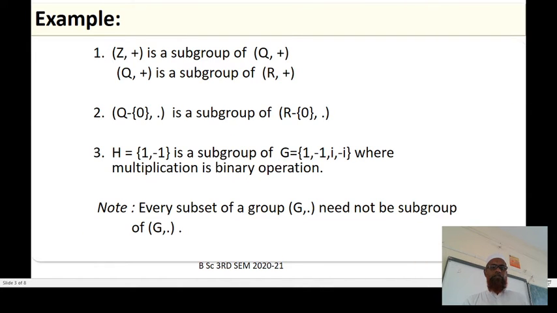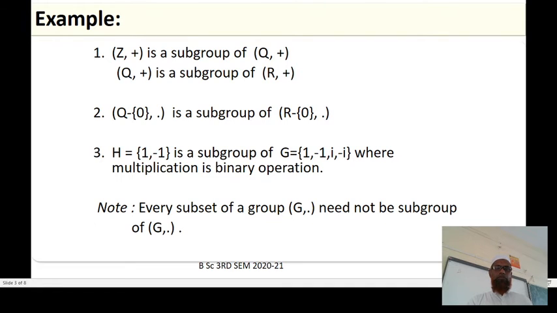So let's start with some examples of subgroups. (Z, +), where the binary operation is addition and Z is the set of integers, is a subgroup of (Q, +), and (Q, +), the set of rational numbers, is a subgroup of (R, +), the real numbers. Second example: Q minus {0}.